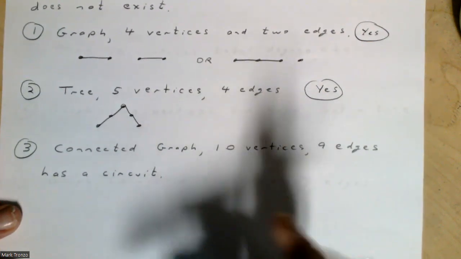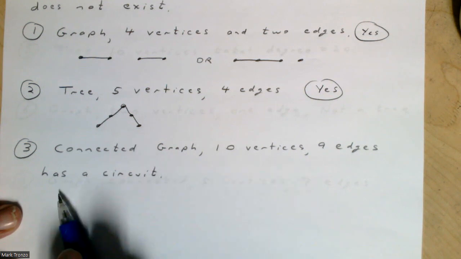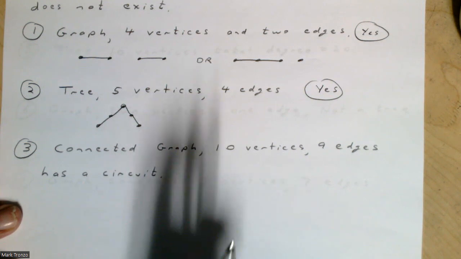So now this one says we have a connected graph, 10 vertices, 9 edges, and you have a circuit.